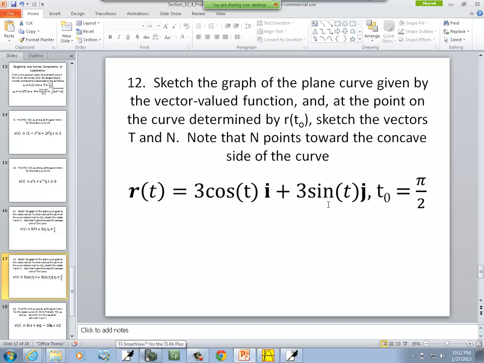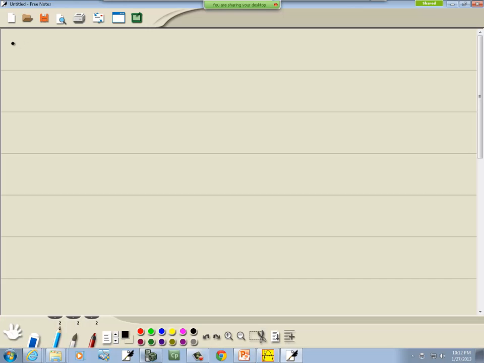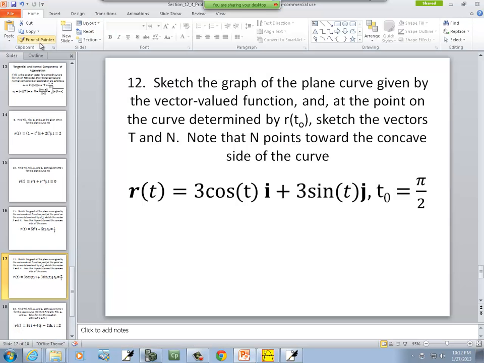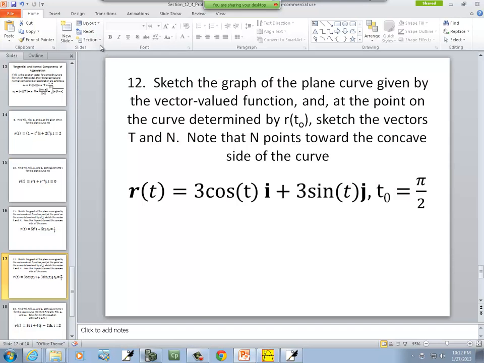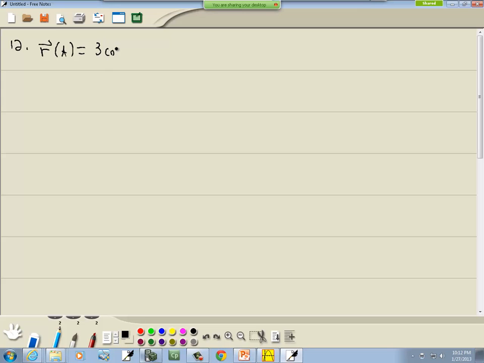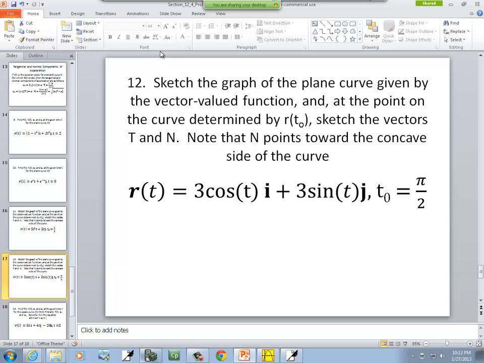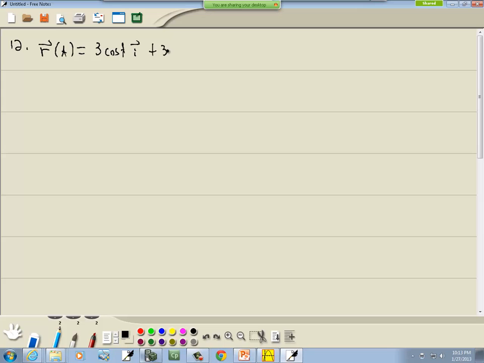Number 12. So we've got r is equal to 3 cosine t i plus 3 sine t j. And it says we're interested in t naught is equal to pi over 2.